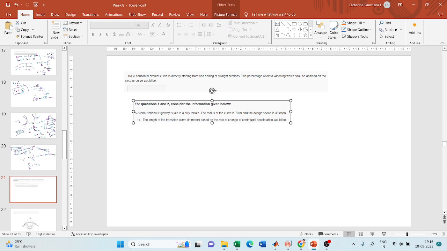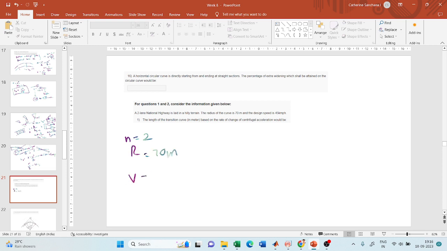Now let us substitute and find out the answer. What is given? N is equal to 2, radius of the curve R is equal to 70 meters, design speed V is equal to 45 kmph. What is the equation to find the length of transition curve based on the rate of change of centrifugal acceleration?